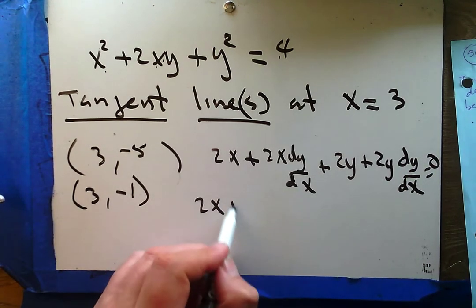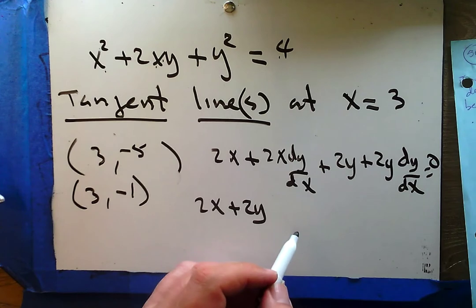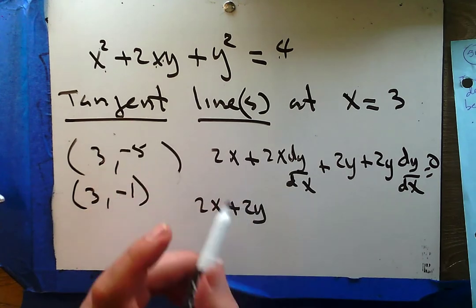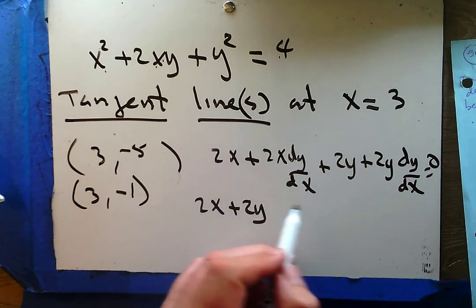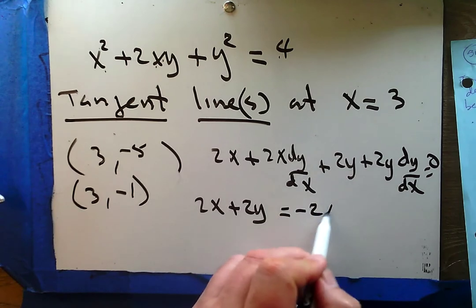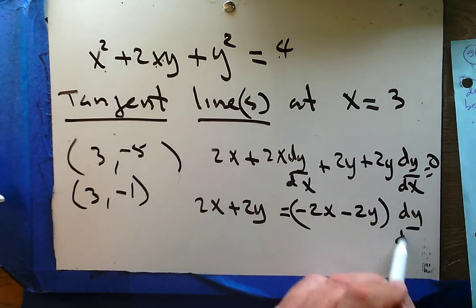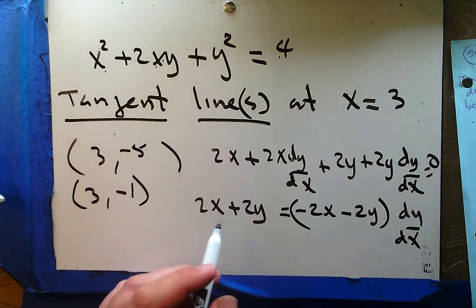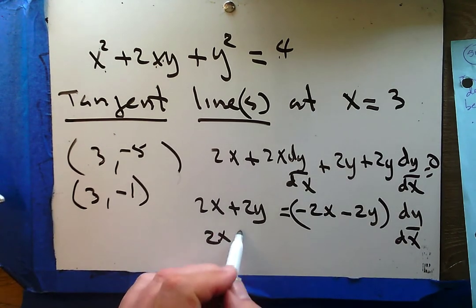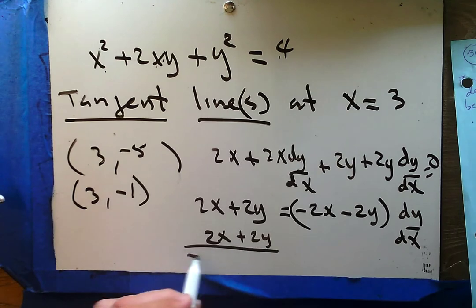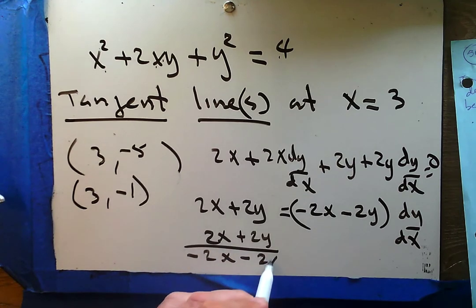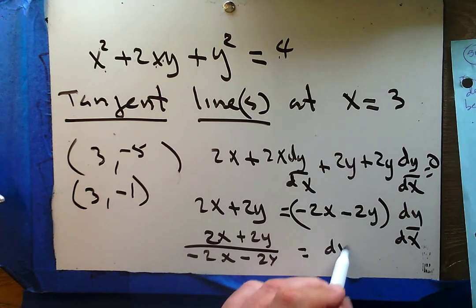So I've got 2x plus 2y equals negative 2x minus 2y dy dx. Divide both sides. I've got 2x plus 2y over negative 2x minus 2y. There's dy dx.